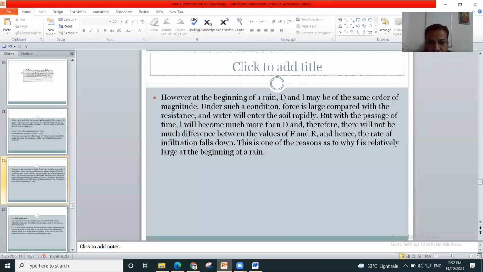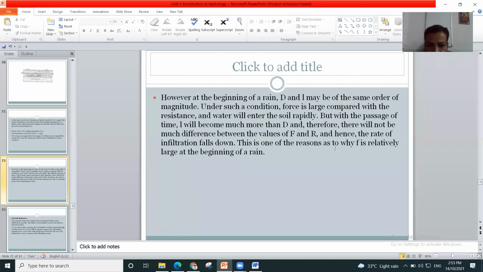Now the rate of infiltration at the beginning of the rain, when the soil is dry, what happens? Infiltration will be more. At the beginning of the rain, the D and L, the depth of surface detention and thickness of the saturated layer, may be of the same order of magnitude. In this case, at the beginning of the rainfall, force is large as compared with the resistance, so water will enter into the soil rapidly.